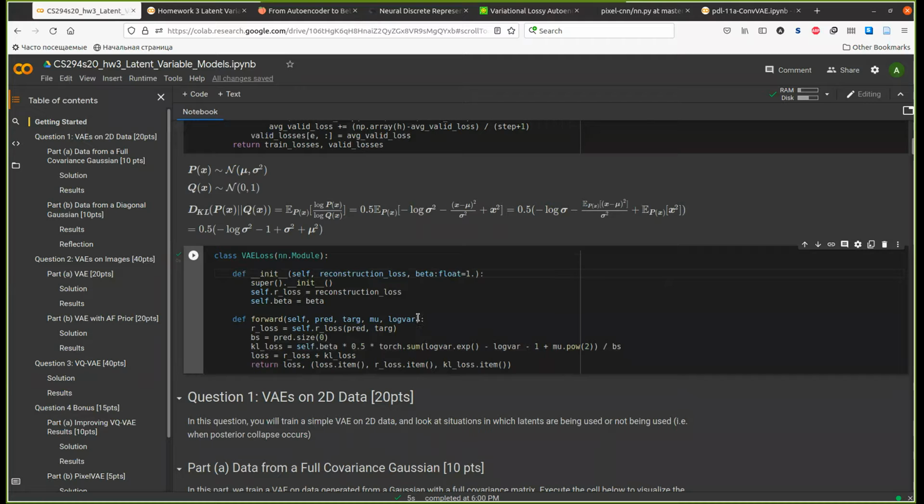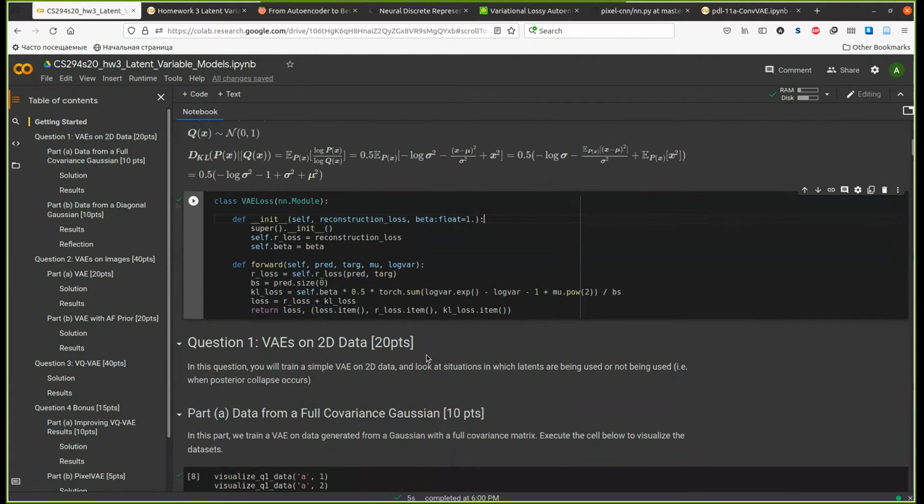We can model the posterior with a distribution with a non-diagonal covariance matrix, but it will just be a bit more computationally expensive.